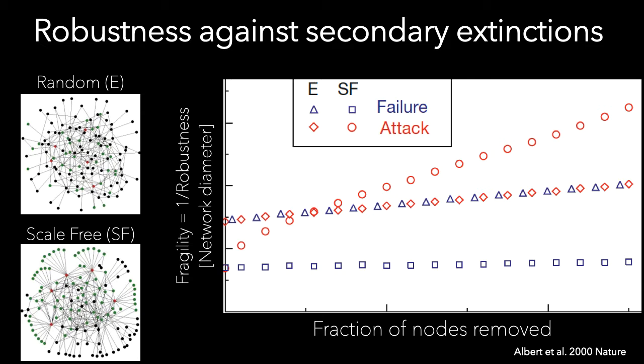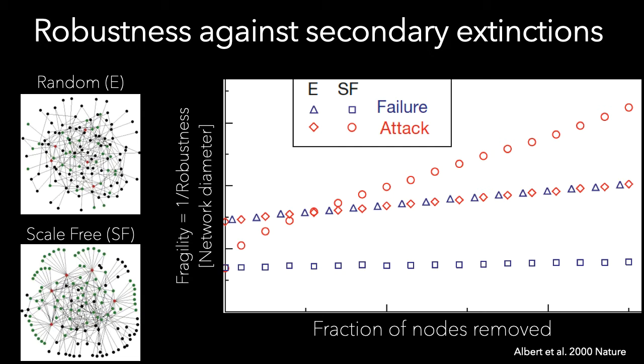This is what the authors of this paper called failure. So let's imagine that the food web, the network, can just randomly lose some species. Some nodes, they fail, they don't work anymore. Some species just randomly go extinct.